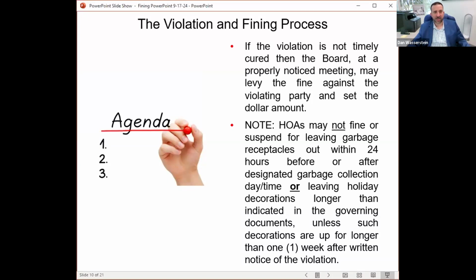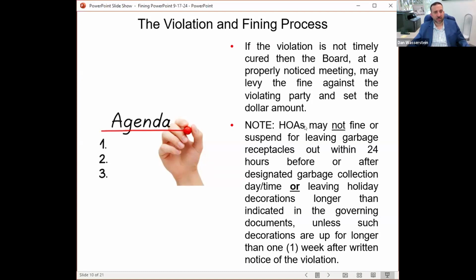There should be fining listed on the agenda, and we advise that you list either the unit number or the lot number or address on the agenda. They should also be referenced in the minutes of the meeting to identify who's being fined by the board, what they're being fined for, and how much.